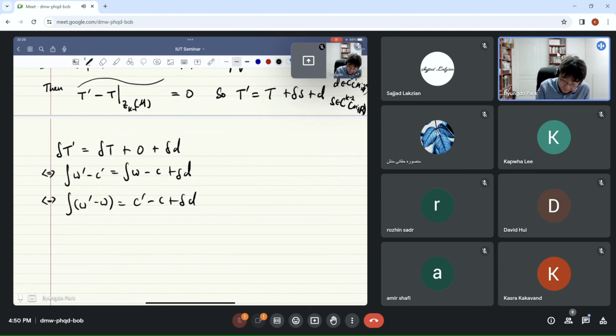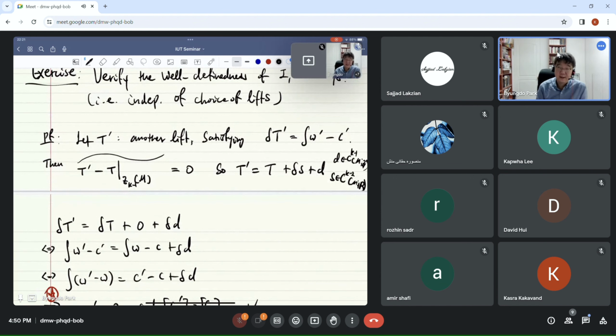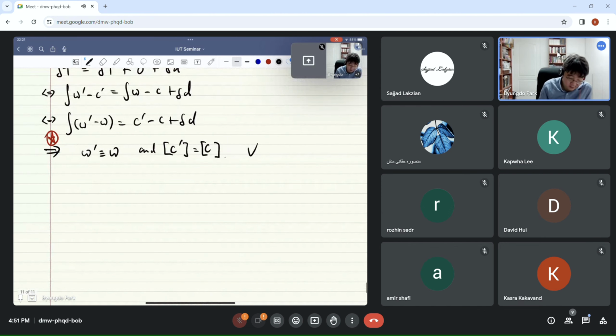Now this implies, by the fact I said, which is going to be useful, this omega prime must be identically the same as omega, and this C prime and C must be the same up to D something. So the cohomology classes are the same. So that proves that if you choose a different lift T prime, that doesn't alter the maps I and R.